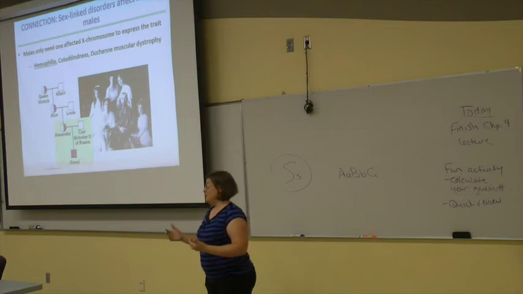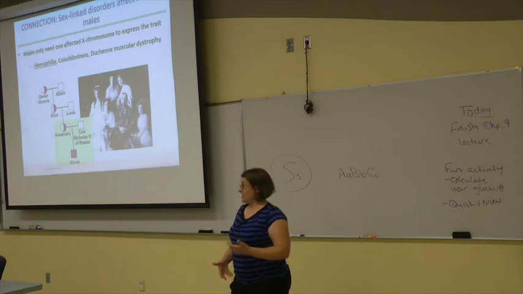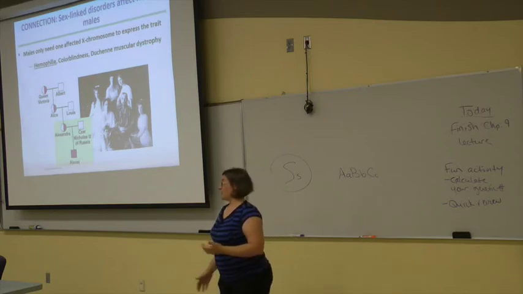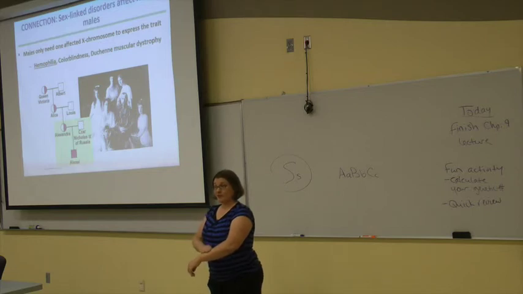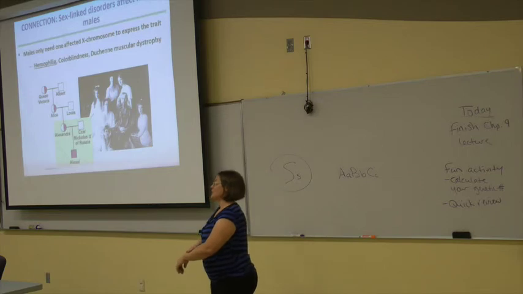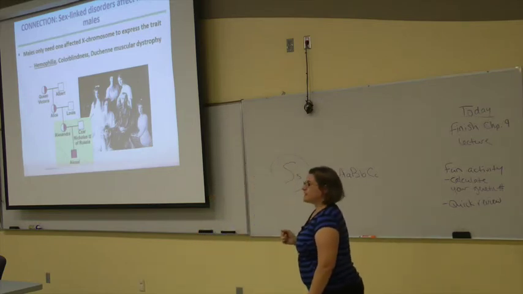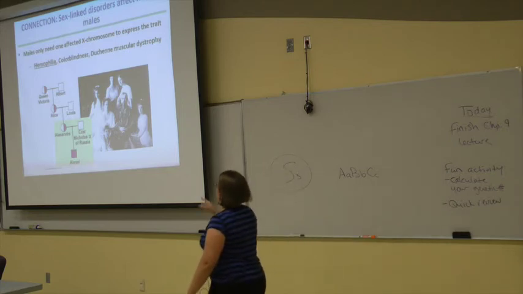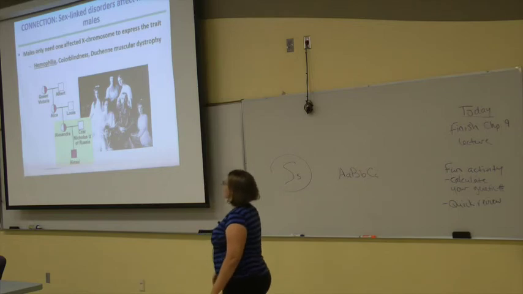People who are hemophiliacs, if they get a serious cut, can actually bleed to death because of the lack of blood clotting. You know how if you get a cut, you put pressure on it and it stops? For people with hemophilia, that doesn't happen. They need some extra special medical attention. So hemophilia is an X-linked recessive condition. Color blindness also, and Duchenne muscular dystrophy.